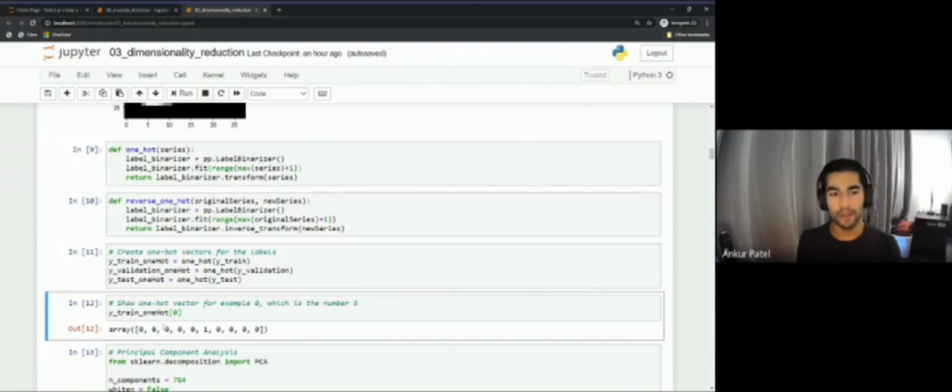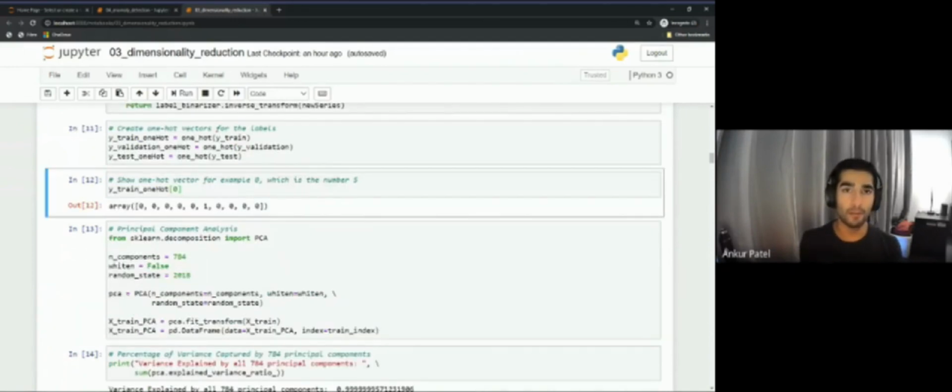If this were an image of the number 1, you'd have an array where the second instance here would be 1, and the rest would be zeros, right? So the way it works is that this would be 0, 1, 2, 3, 4, 5, etc., to designate which number was in that particular image.